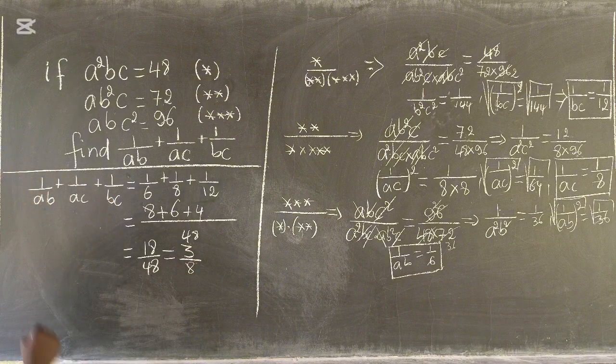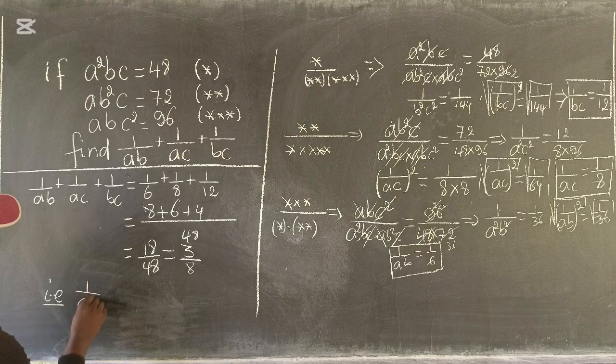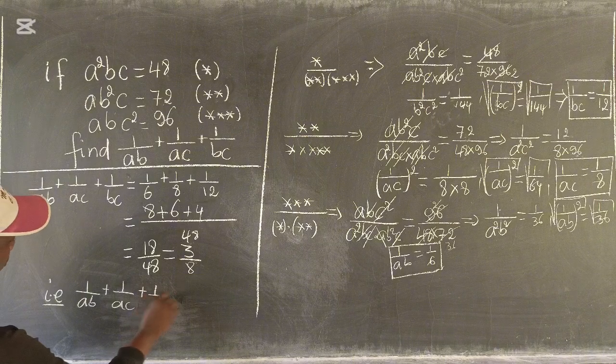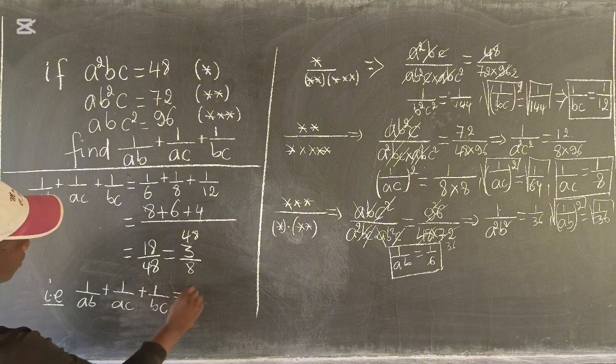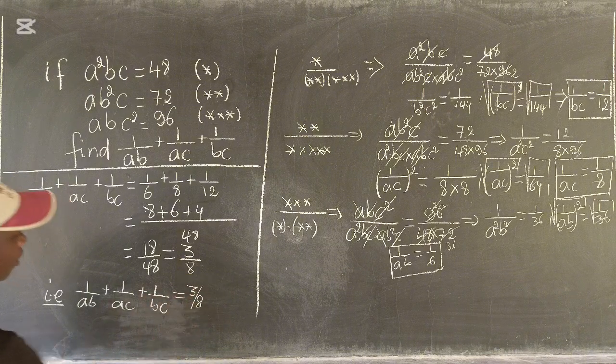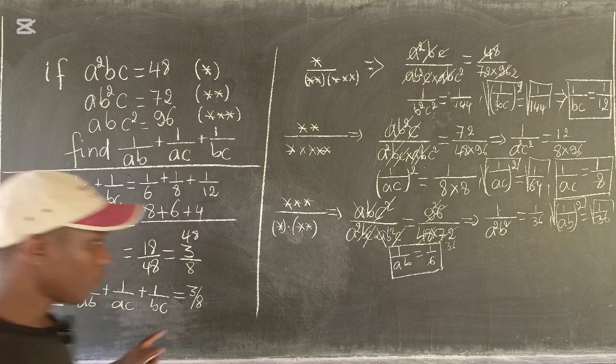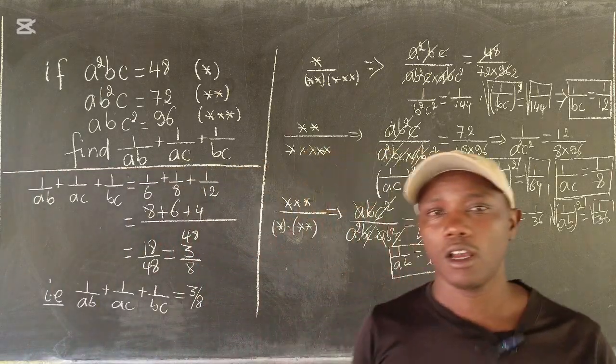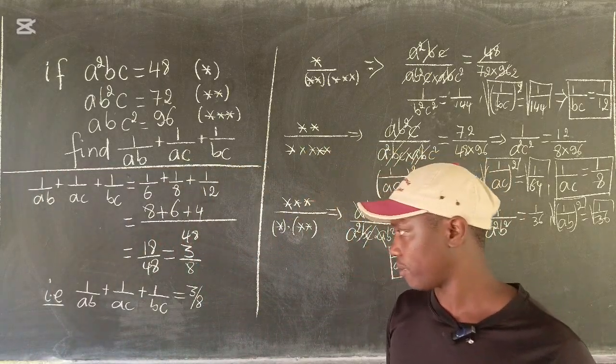As a conclusion, the reciprocal of AB plus the reciprocal of AC plus the reciprocal of BC is 3 over 8. Here is the answer to our question, guys.